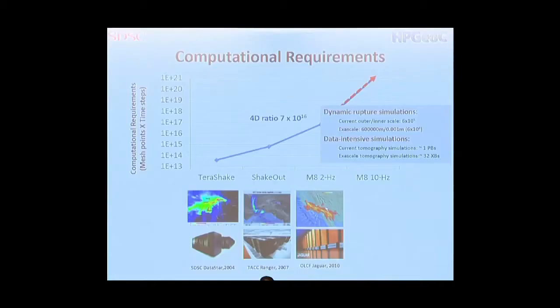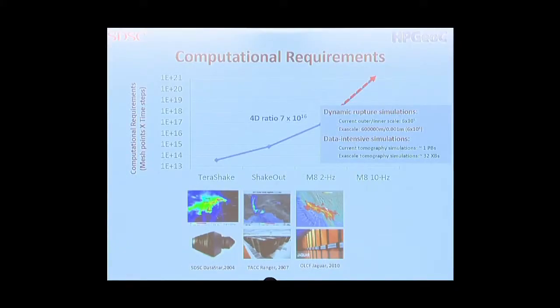But we still have a long way to go, and we need another 4 orders of magnitude to meet the requirement, particularly for engineering and for wall-to-wall simulations at frequencies up to 10 hertz. That will also be associated with the data requirement, as you see for tomography and intensity measure, data intensive simulations.